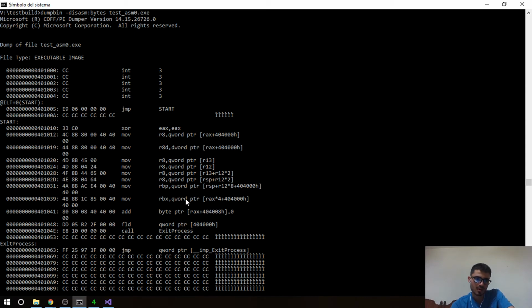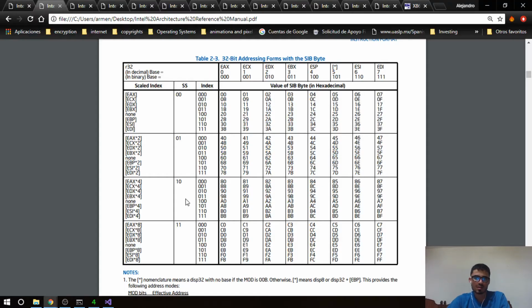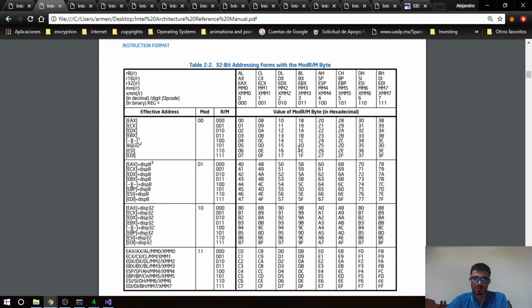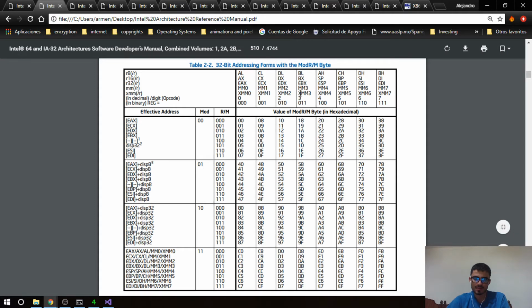That means that we are using 1C and 1C on the mod. It means that we are using the SIB and we're using RBX, okay?